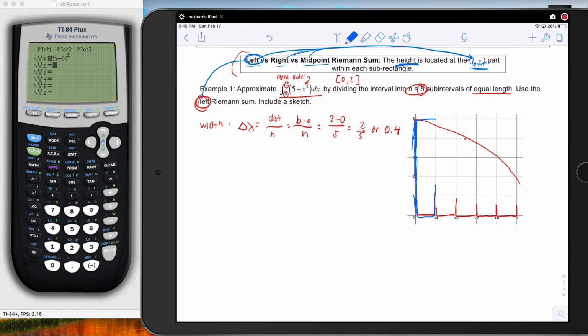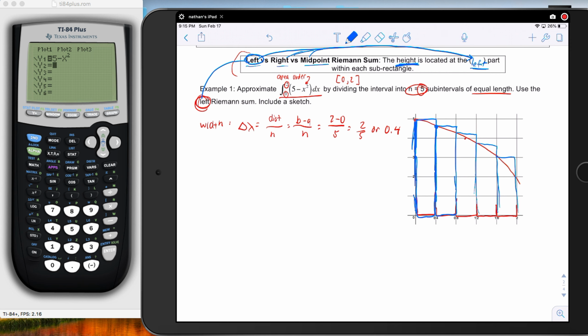Then you go straight across. For my next rectangle, I look at the left side and find that this is the height right there, and then here, and then here, and then here. Now remember, these are rough sketches, so I don't know how accurate these are. I don't want to eyeball a function that I just sketched.